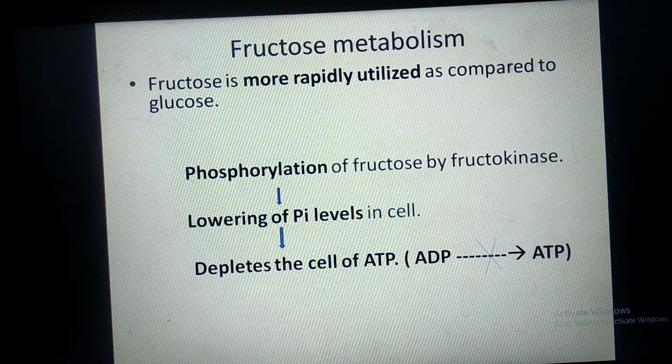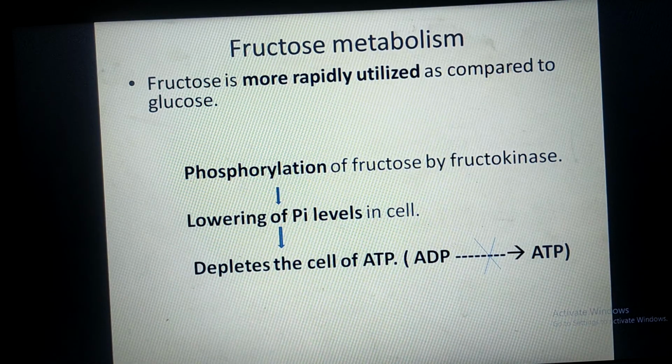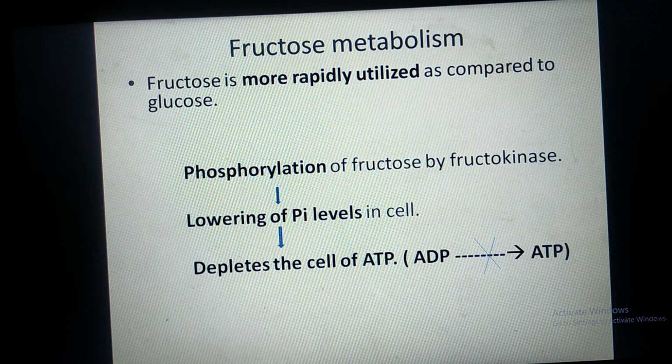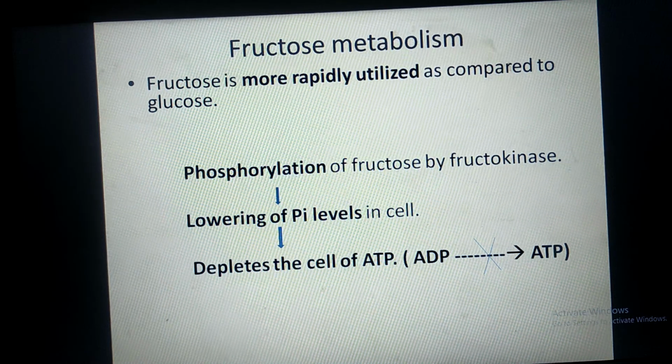Therefore, there is deficiency of inorganic phosphate inside the cell and this causes decreased conversion of ADP to ATP, because conversion of ADP to ATP requires inorganic phosphate. So in this way, fructose leads to energy deficiency inside the cell.